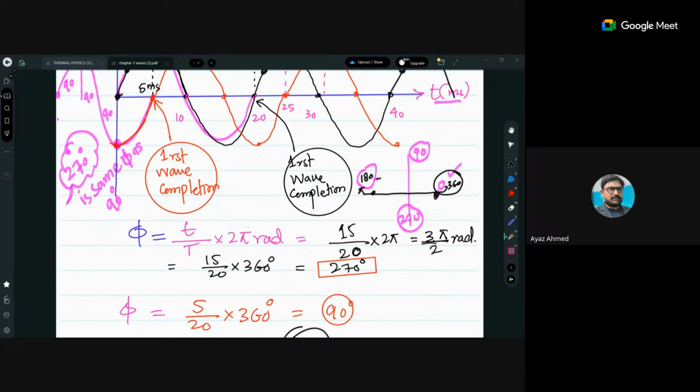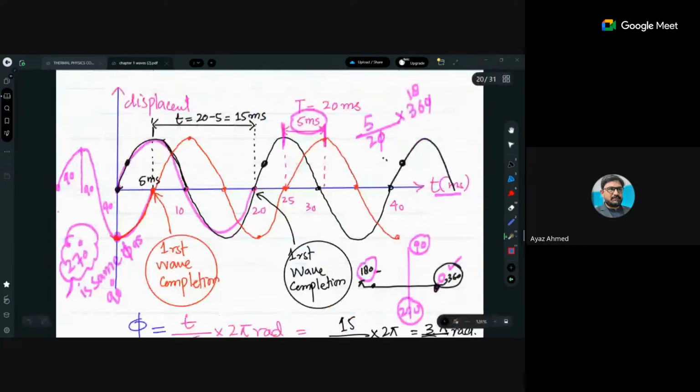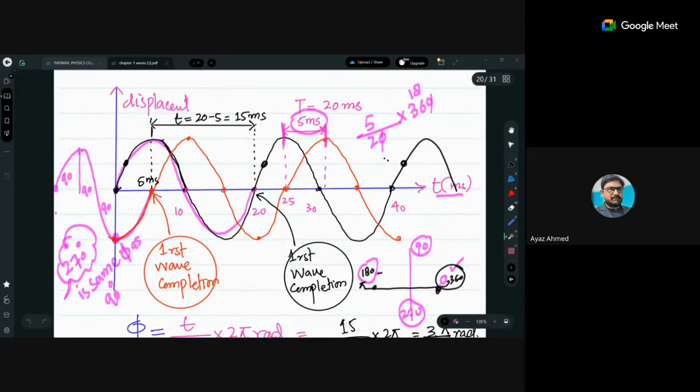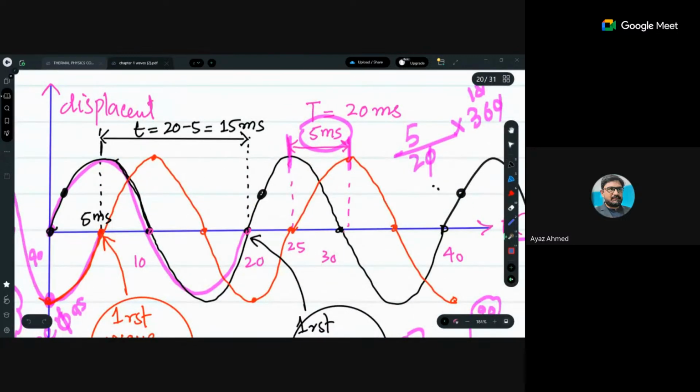Small t is the time between identical positions of two waves. Look, very important again. Identical position of two waves means, say, your black wave is started right from here.